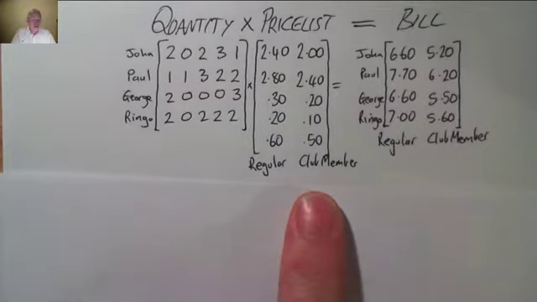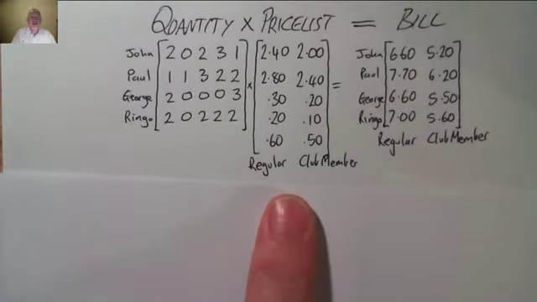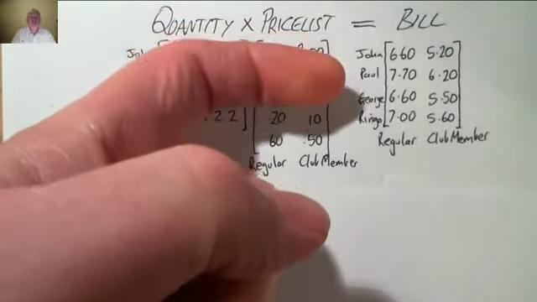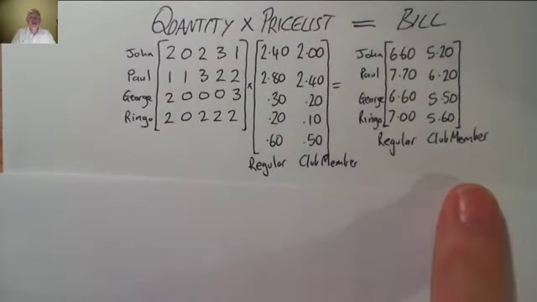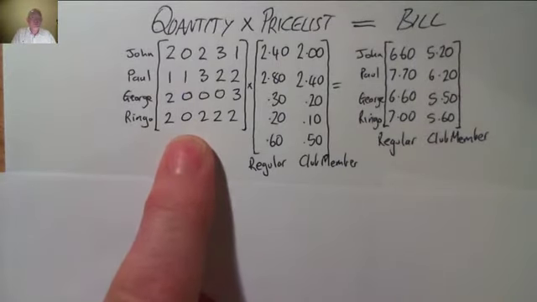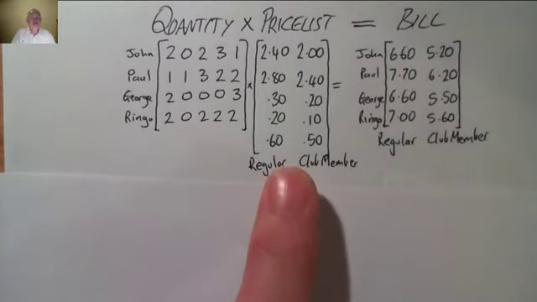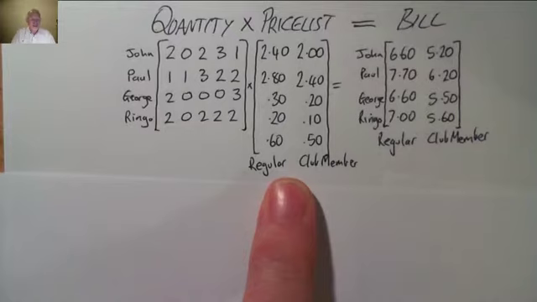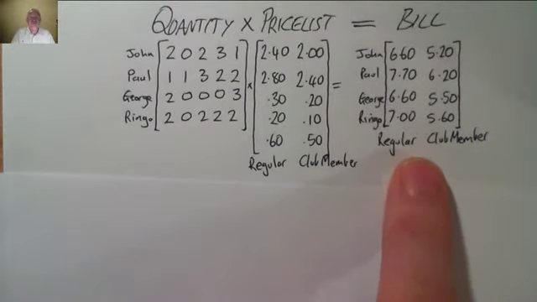The answer that we got when we multiplied those two together was 4 rows and 2 columns. Let's see if we can formalize what we've got here. We started with a 4 by 5 matrix, and we multiplied that by a 5 by 2 matrix, and we ended up with a 4 by 2 matrix.